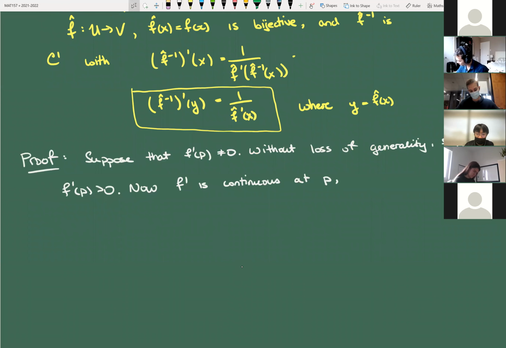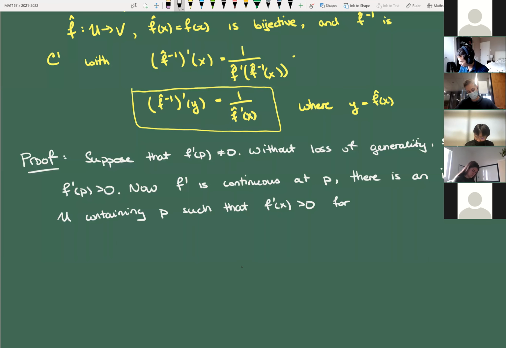So since f prime is continuous at p, there is an interval, and we are very suggestively going to call that interval u, containing p, such that f prime of x is greater than 0 for all x in u.